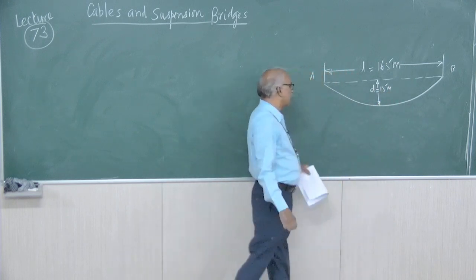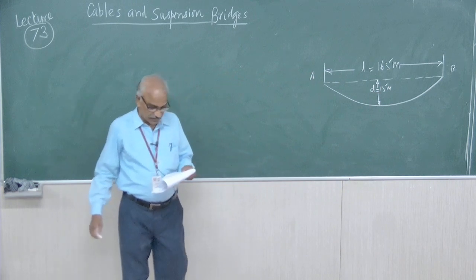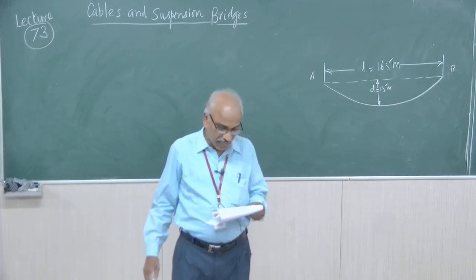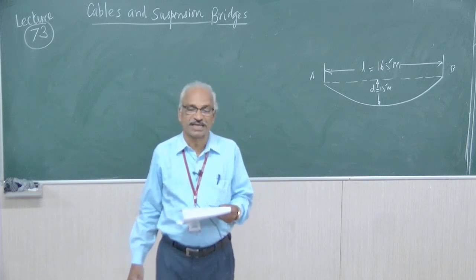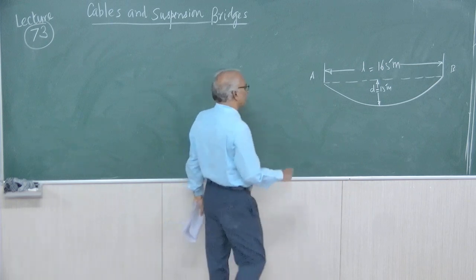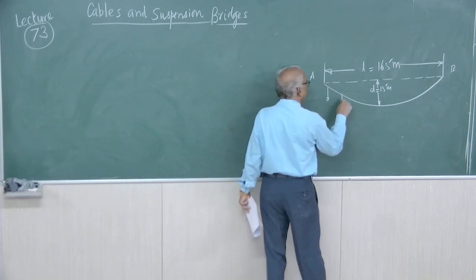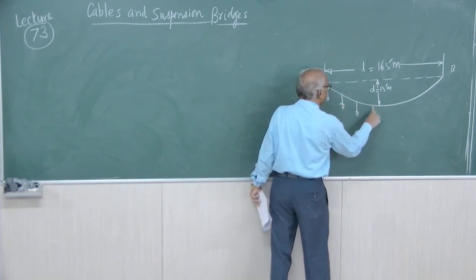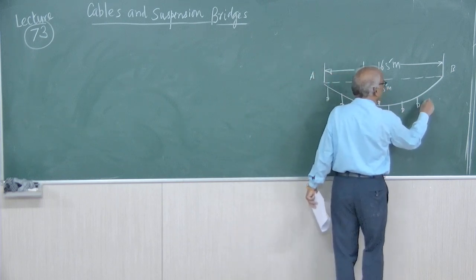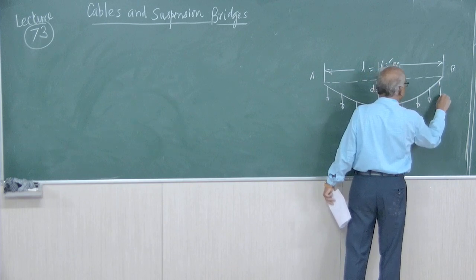Of course, this will be known only after knowing the loading. Still, the cable is loaded with a UDL of 40 kilonewtons per meter.